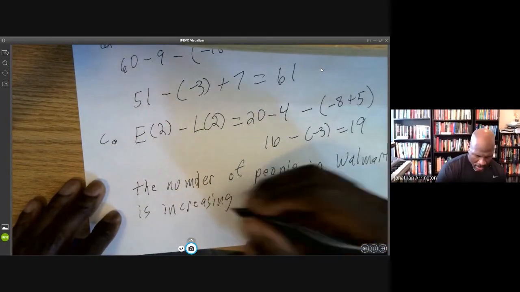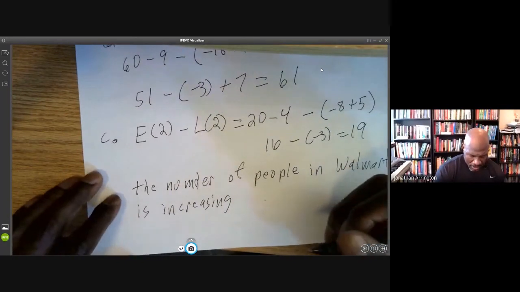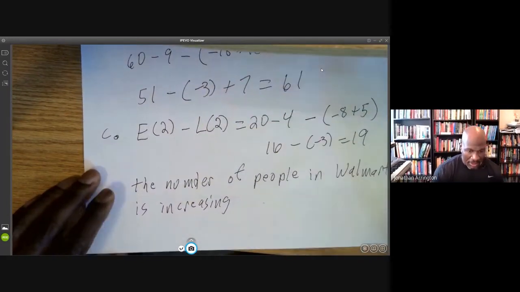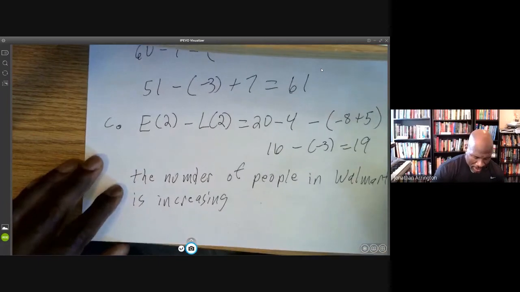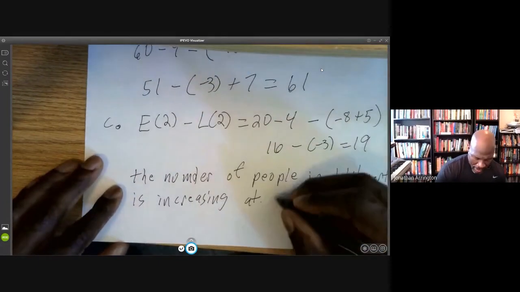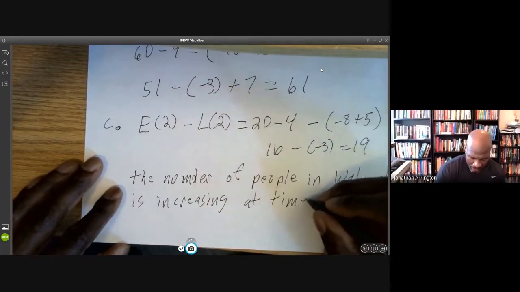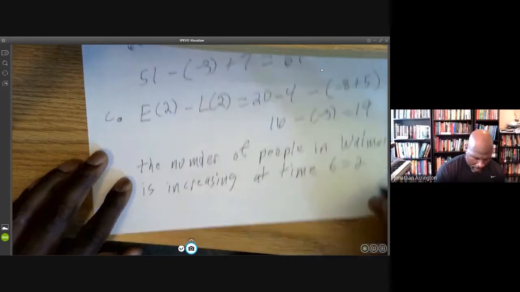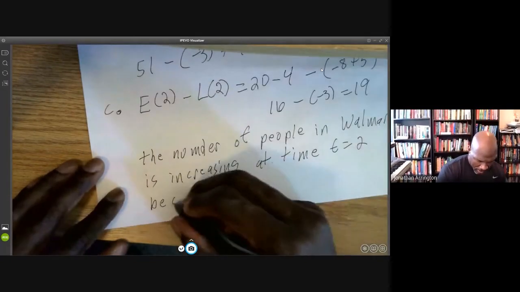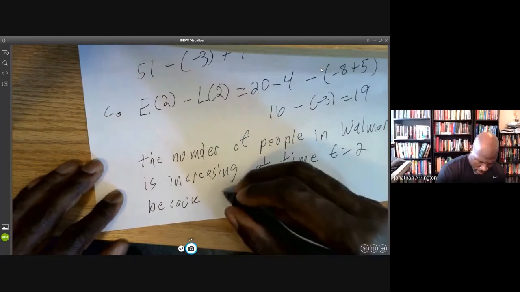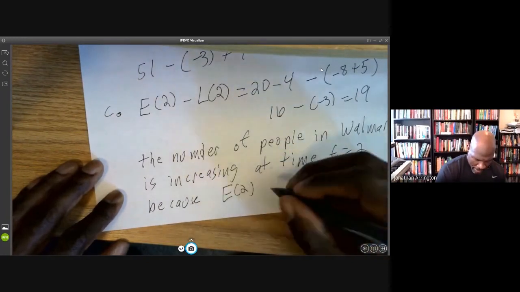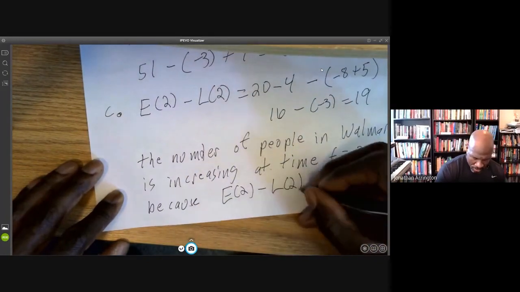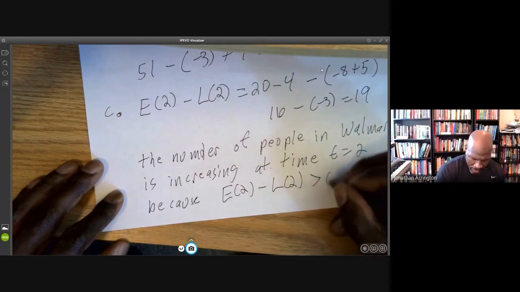And anytime you talk about a derivative, a rate, you want to talk about at what particular moment it's an instantaneous rate of change. It is increasing at time t equals 2 because E of 2 minus L of 2 is greater than 0.